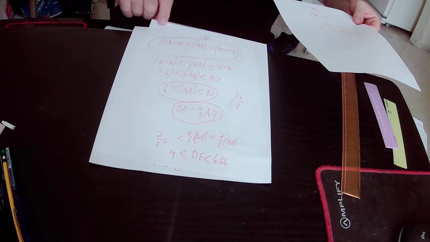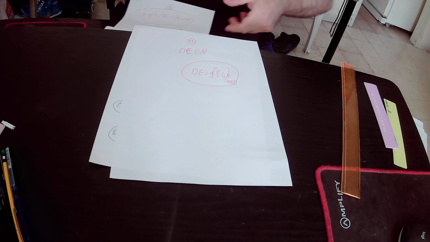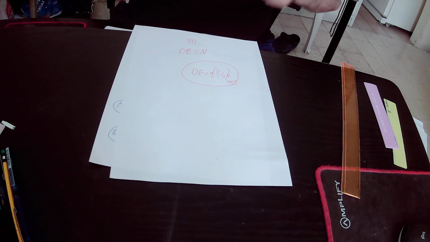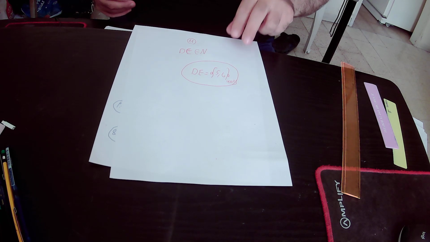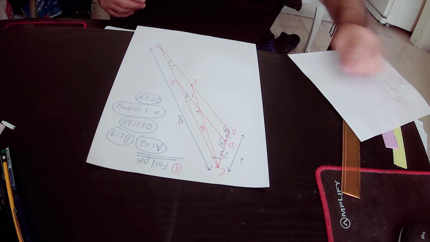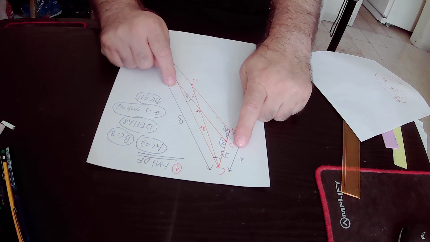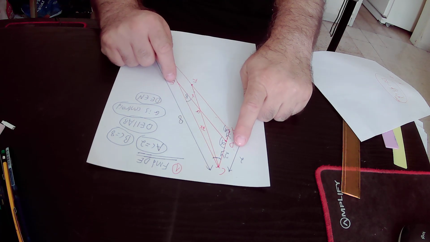So we found out that the size of DE, the size of line segment DE, is either 5 units or 6 units.